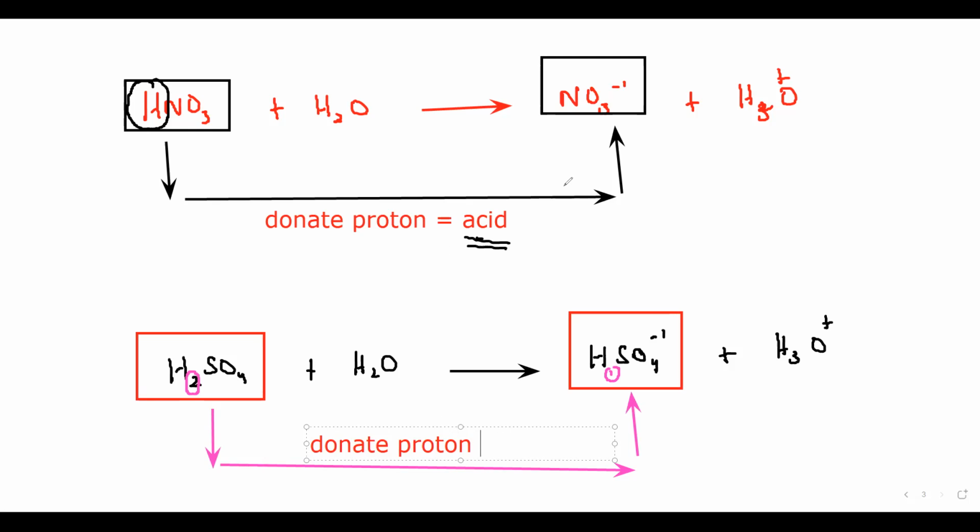Why are we using the term proton for hydrogen ion? Because another name for hydrogen ion is a proton. As the structure of the hydrogen contains one proton and one electron only. So inside the nucleus there is one proton, and around the nucleus there is one electron.